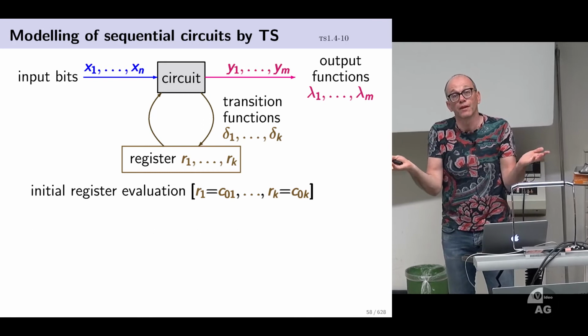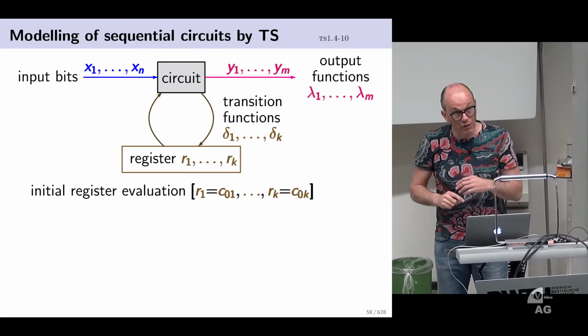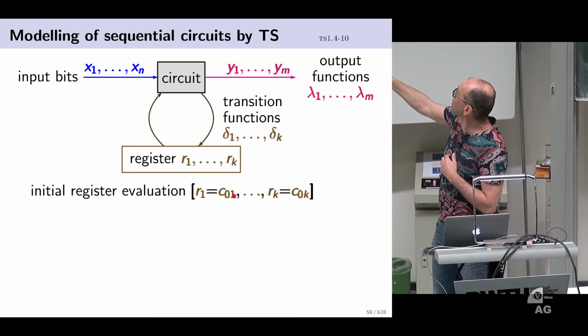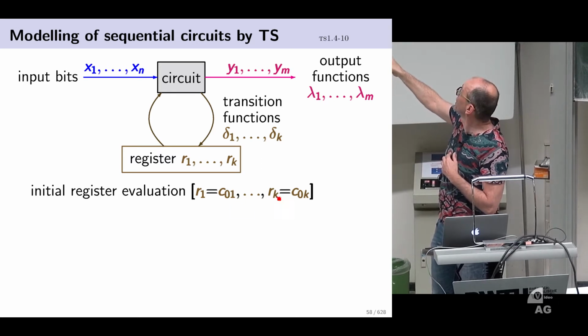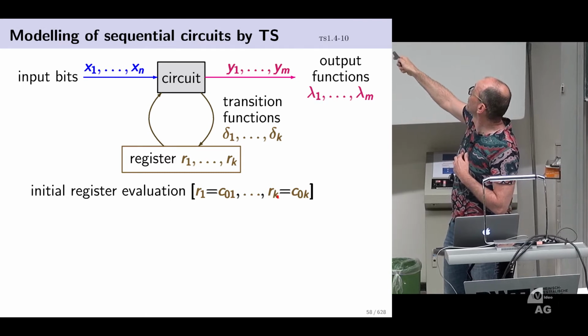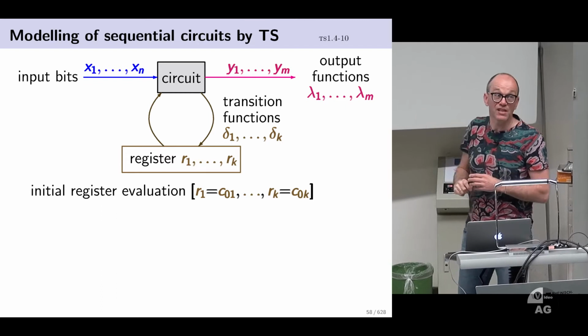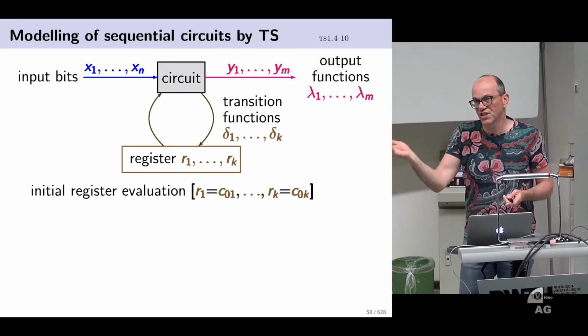By default, all registers are initially 0, which means register 1 initially has a value C01. The 0 stands for initial, 1 stands for the register we are talking about. So the kth register has an initial value C0K. For the moment, just assume all those C0s are 0.